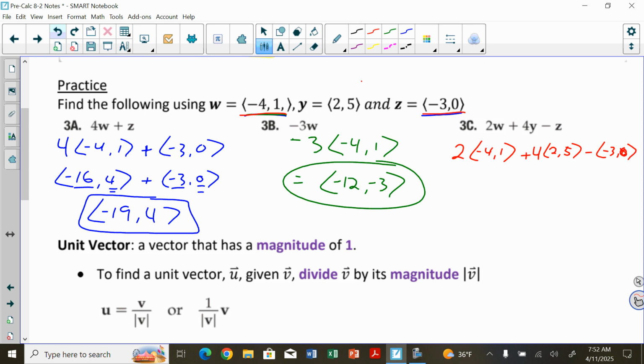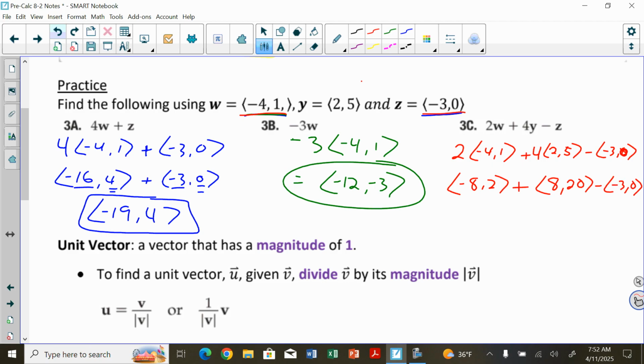Okay, so I'm just going to work through the multiplication first. So here I've got negative 8 comma 2, because I multiplied that one. Scalar multiplication. Over here I'm going to have 8 and 20, because 4 times 2 is 8. 4 times 5 is 20. And then I've still got this negative 3, 0 that I have to subtract.